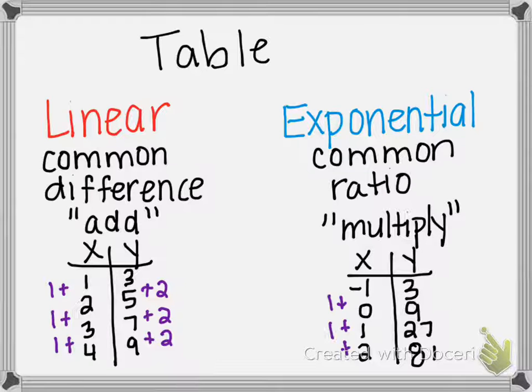I just want to make sure I'm changing by the same x value each time, because if I'm not, then that means I'm going to skip some y's, and that may change the pattern as well. So then I'm looking from 3 to 9, from 9 to 27, and then 27 to 81. I can definitely tell that I'm multiplying by 3 each time. So that common difference means I'm going to add each time for linear. For exponential, it means I'm going to multiply.